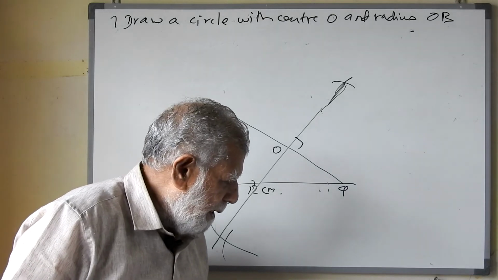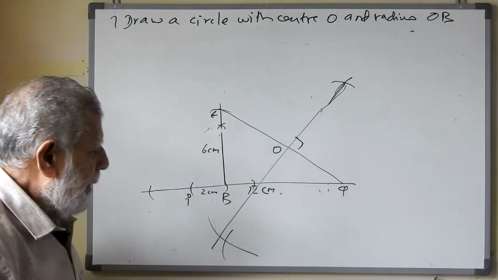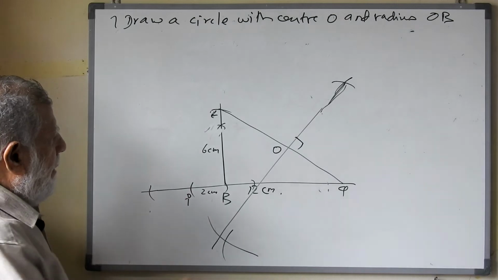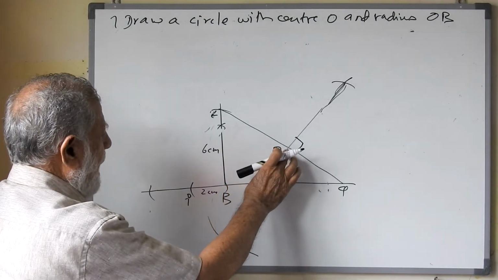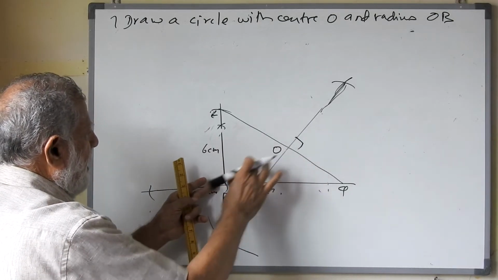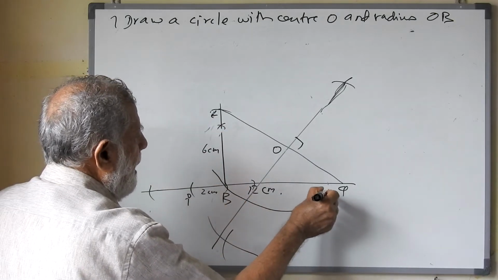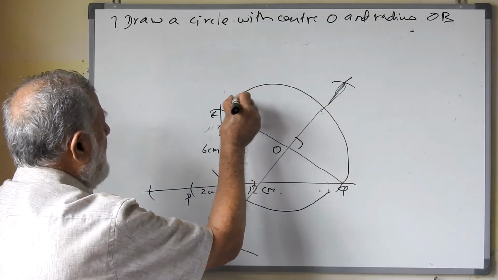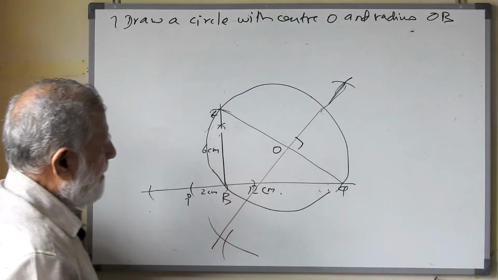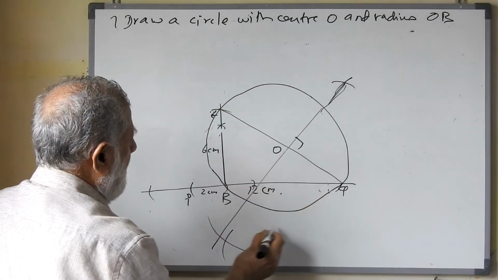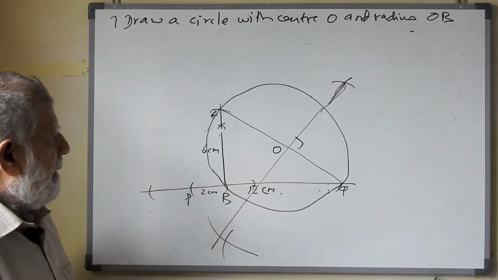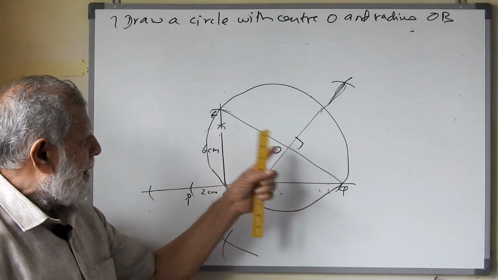Draw a circle with center O and radius OB. How to do that? We keep the compass here and measure this length OB, and then draw a circle. You will notice that the circle will go through all these 3 points. We have drawn it accurately, so we have got the perpendicular bisector correctly here.